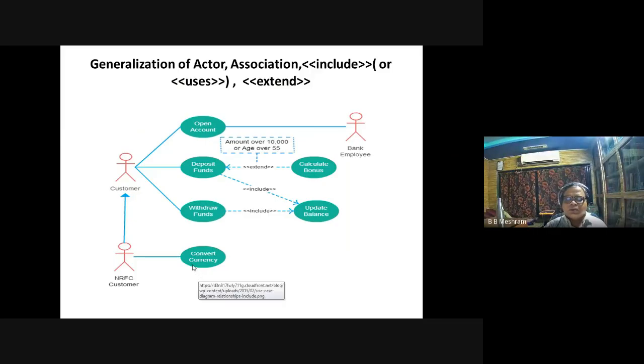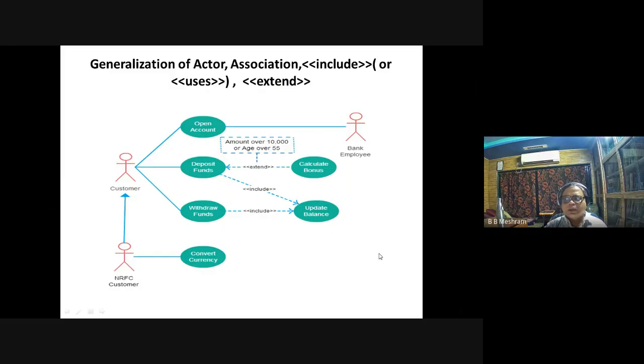Now, customer can open the account. Second use case is deposit funds, withdraw funds, third use case, and NRFC customer can convert the currency.